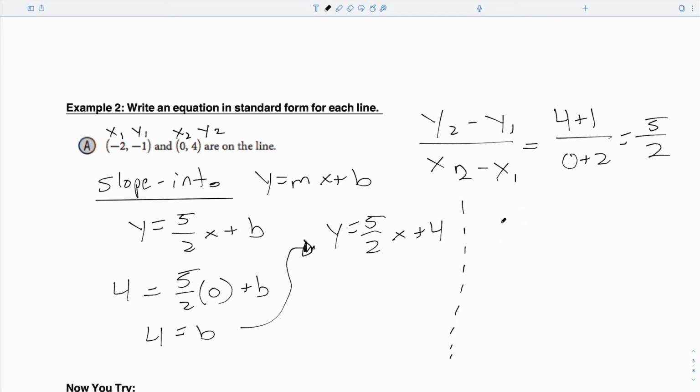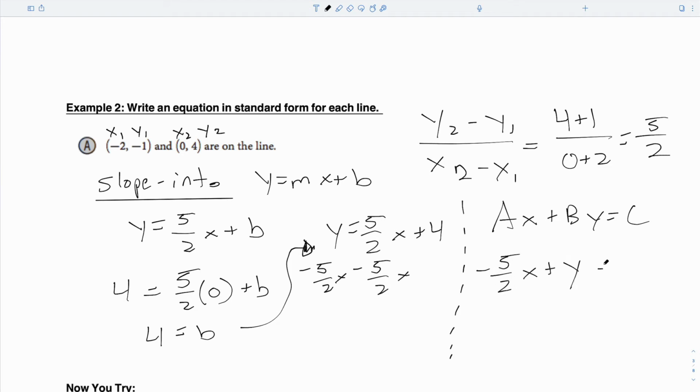Julia, what's the standard form? So we're going to move 5 halves x over. And you would get, let's list the x first. Negative 5 over 2x plus y equals... To get standard form, you have to multiply fractions with other numbers.